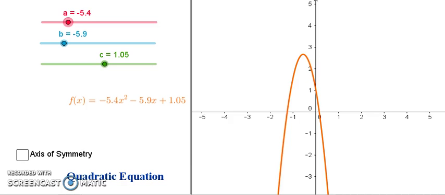And so if we plug in b squared minus 4ac and we get a positive number, then we'll have two real roots. If that positive number is a perfect square, we will have two real rational roots. If it is not a perfect square, we'll have two irrational roots.